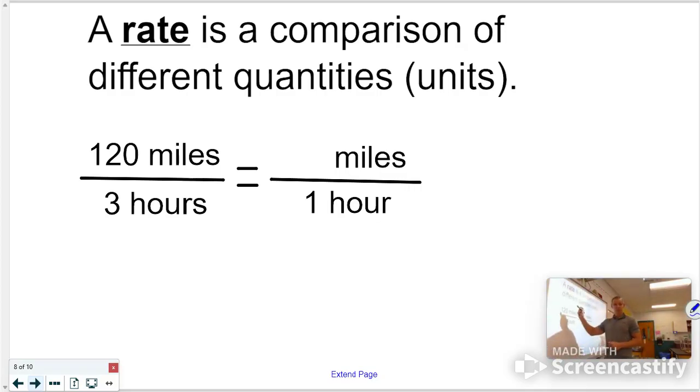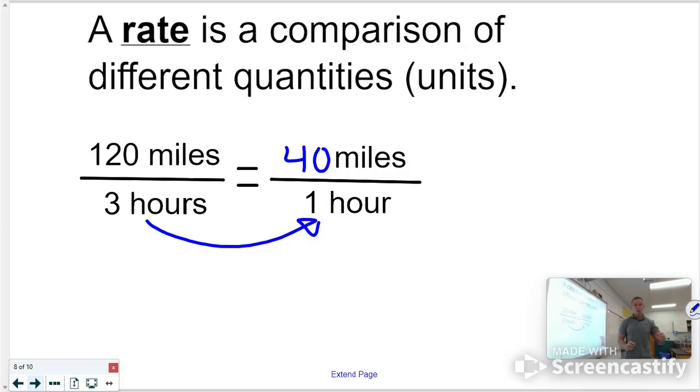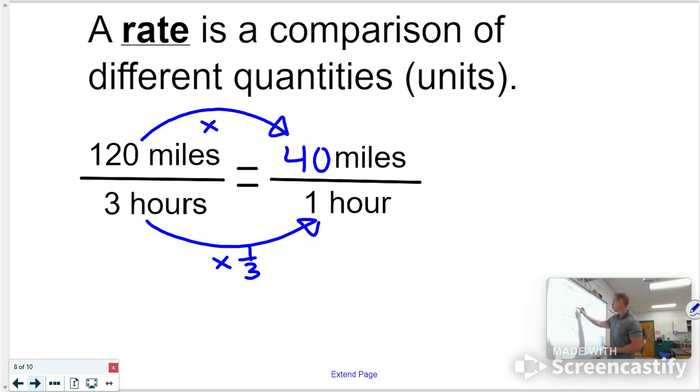One way is we could just do 120 divided by 3 and get 40 miles per hour. Or another way is we can scale it from left to right, and we could see what do we have to multiply 3 hours by to get 1 hour, and that would be 1/3 the amount of time. So we can multiply 120 times 1/3, and that would give us 40 miles.